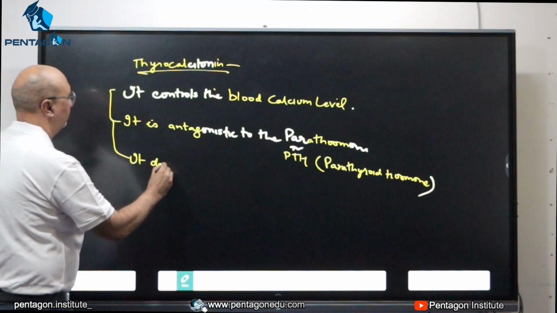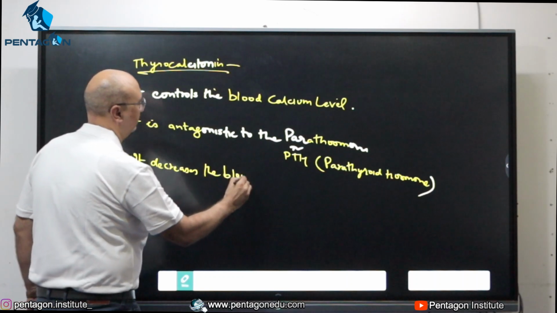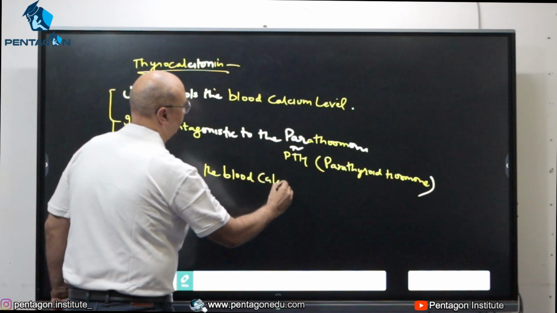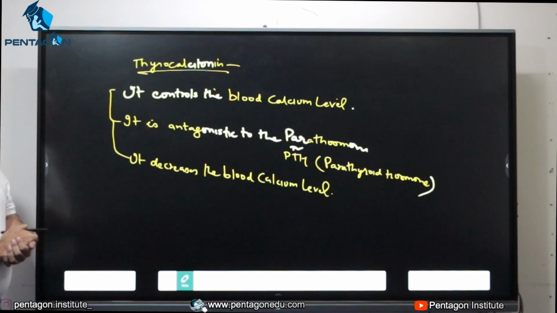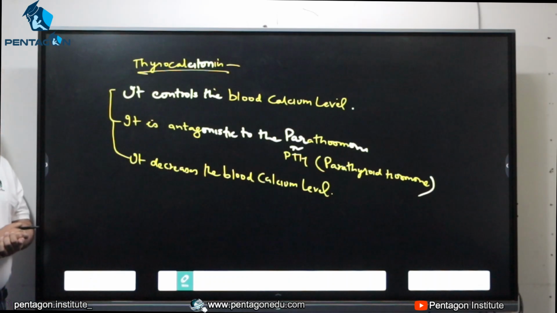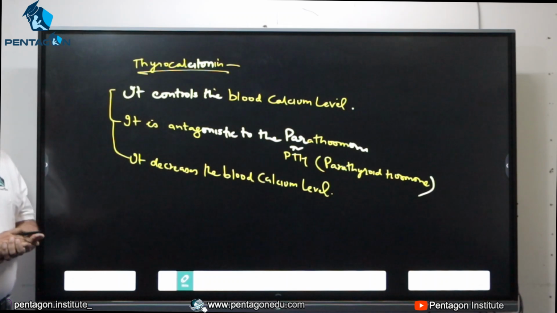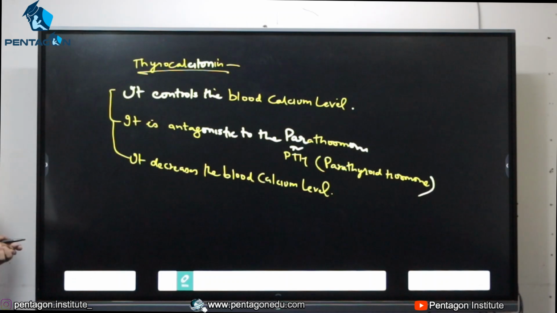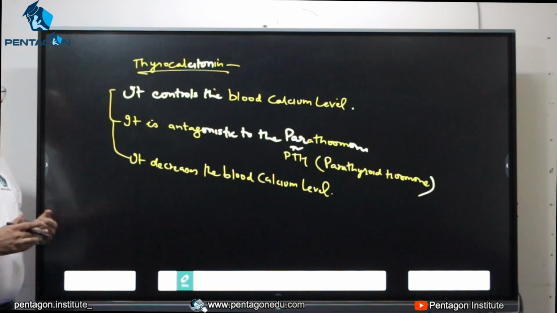It decreases the blood calcium level. At the last, thyrocalcitonin or calcitonin decreases the blood calcium level, so it regulates the blood calcium level. It is antagonistic to the parathormone or the parathyroid hormone. It decreases the blood calcium level.